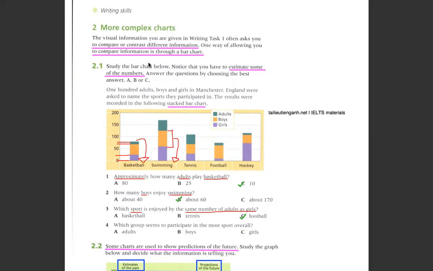All right, and the last one says which group, this means adults, boys or girls, seems to participate in the most sport overall.